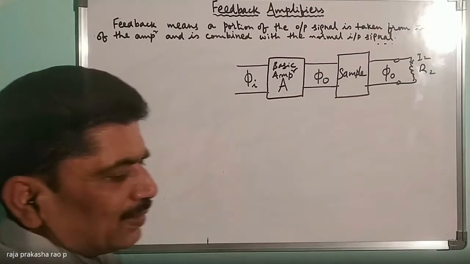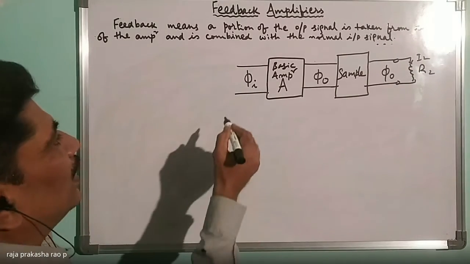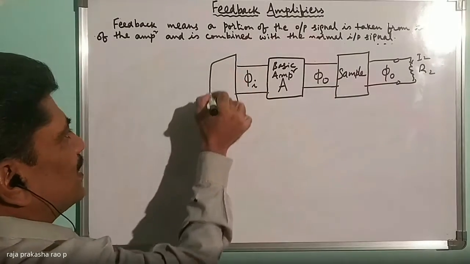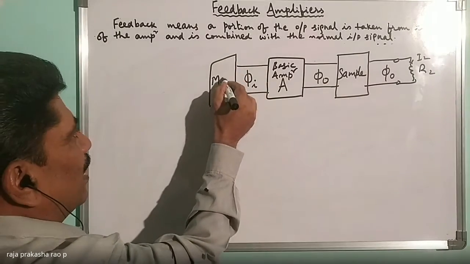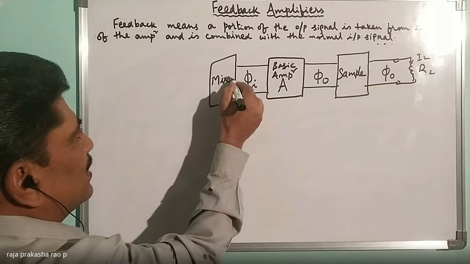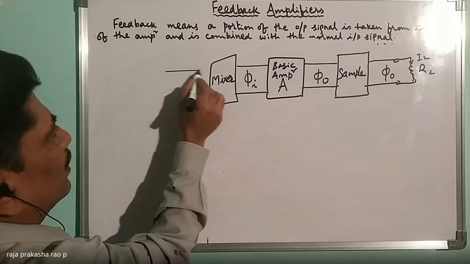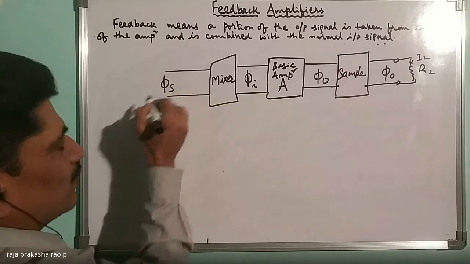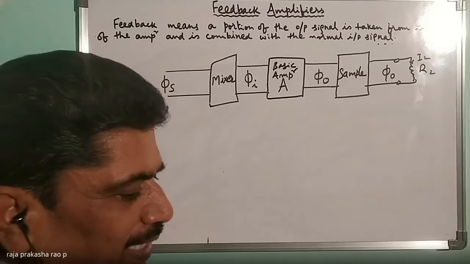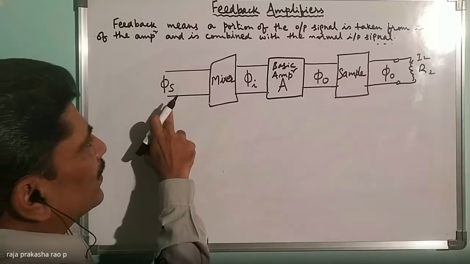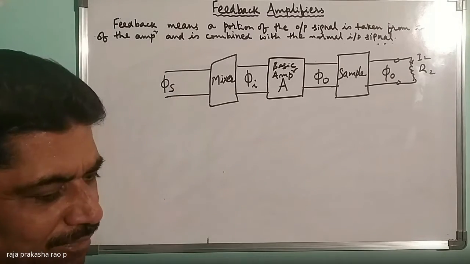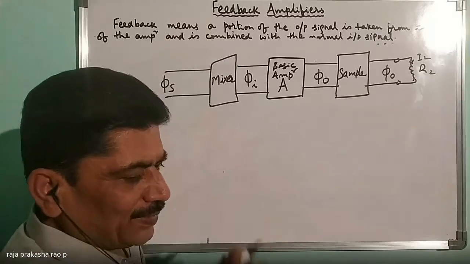And here another one is the mixer, which can also be called an adder. Here, this φS is the actual AC signal, a small AC signal. This is the actual signal to be amplified for this basic amplifier.